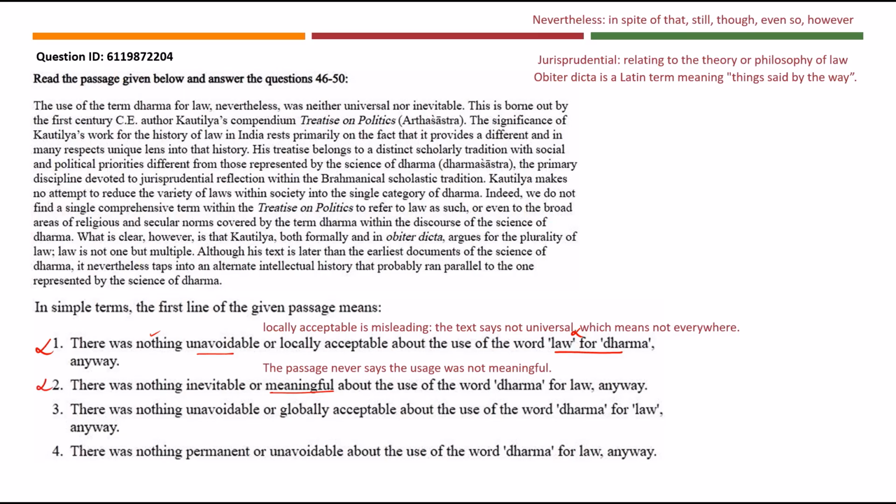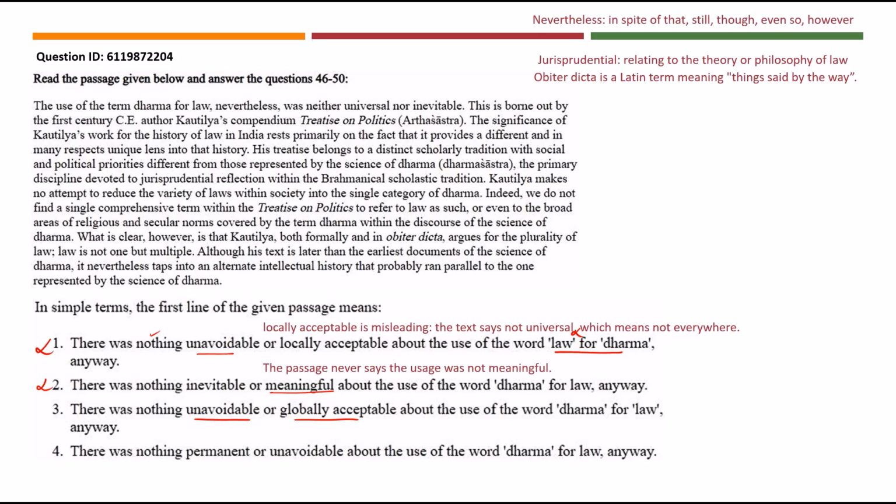What about the third one? There was nothing unavoidable or globally acceptable about the use of the word dharma for law anyway. Inevitable is unavoidable. Neither universal can be equated to globally acceptable. So these 2 terms are fine with respect to that particular first line. Let's see the fourth statement.